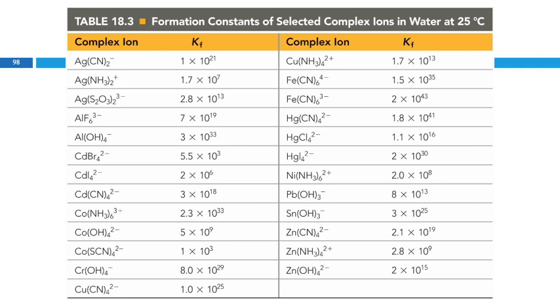And I know you guys are still working on that one. So you'll notice that these formation constants are quite large. Some of them are super, super large, like this one, 10 to the 43, right? That one, for all practical purposes, goes to completion. There's almost nothing left.